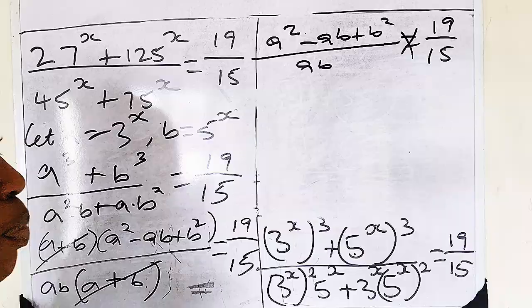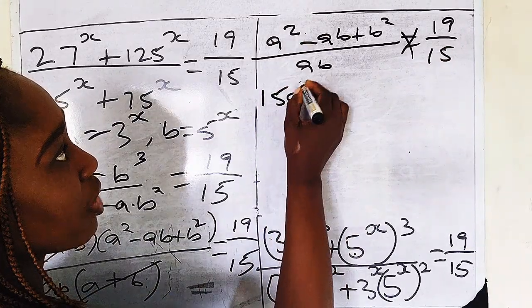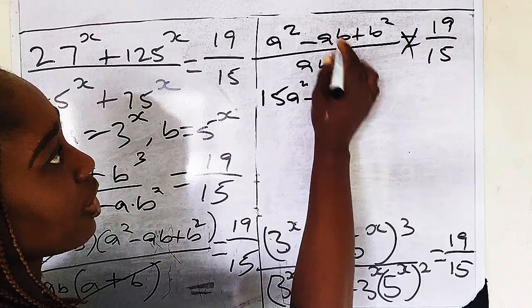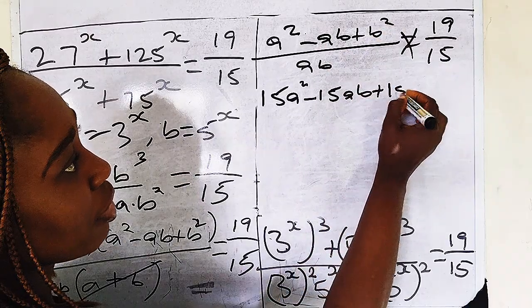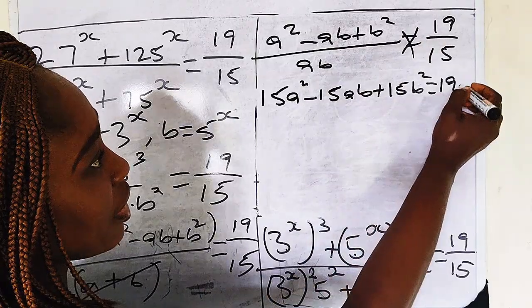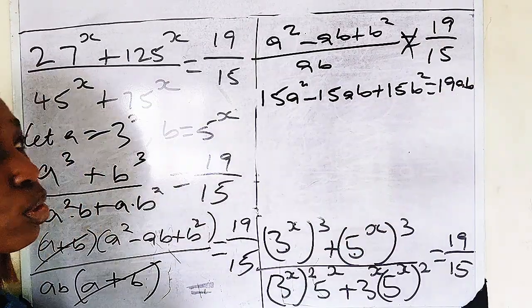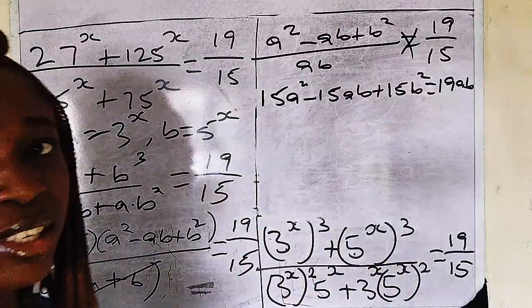When we cross multiply, we have here 15 times A squared, 15A squared minus 15AB plus 15B squared equal to 19 times AB is 19AB. So we move 19AB to the left hand side to make the right hand side 0.